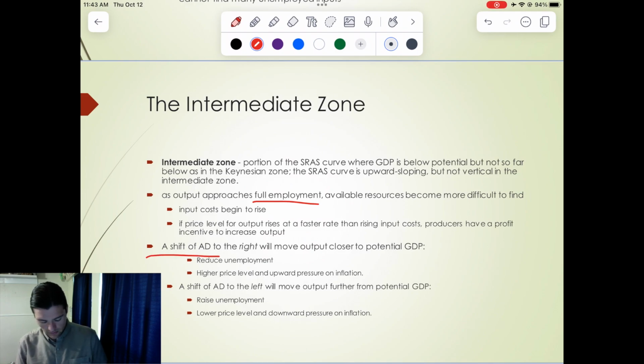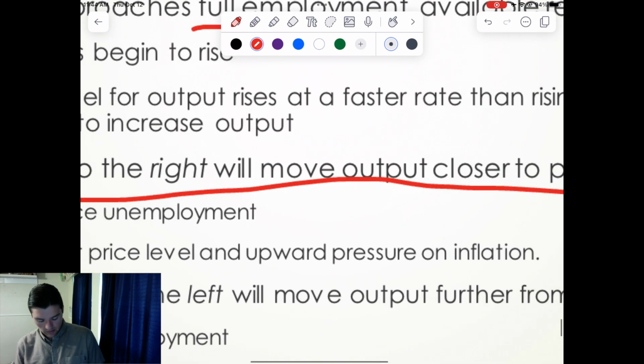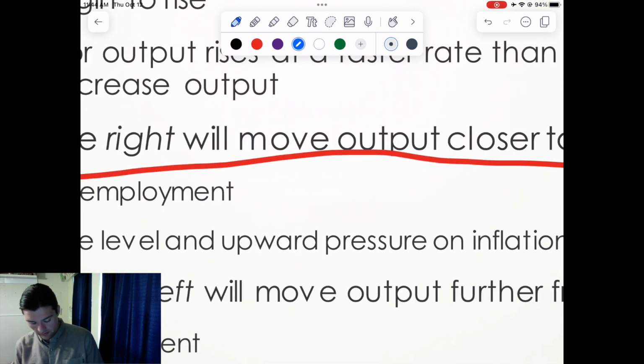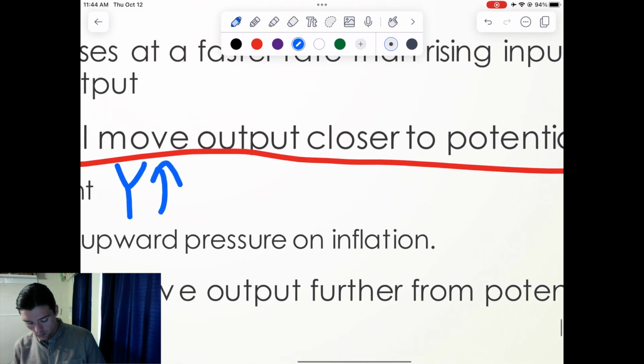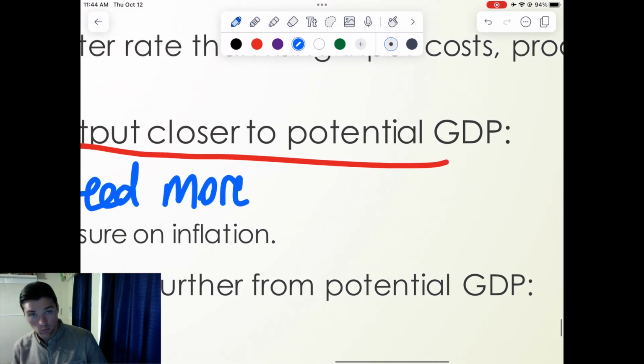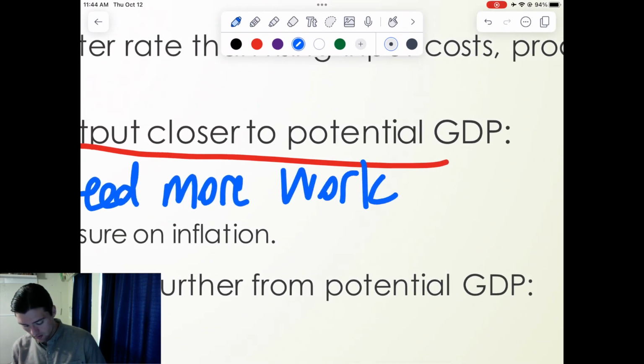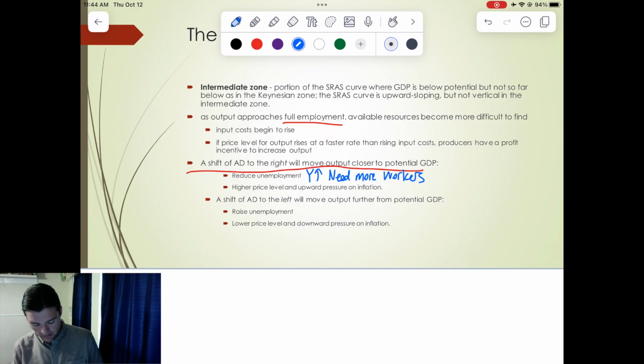A shift to the right will increase output closer to potential GDP, which will reduce unemployment, because if output is going up, you need more people. And since you need more workers, your unemployment is going to go down. However, because of a higher price level, this would put more inflation.